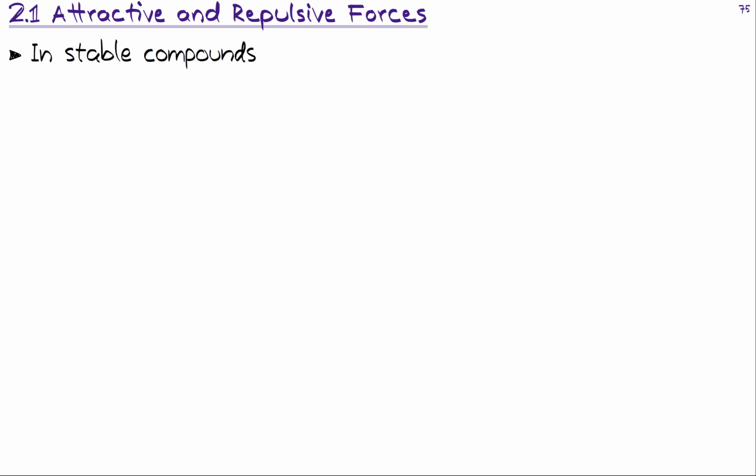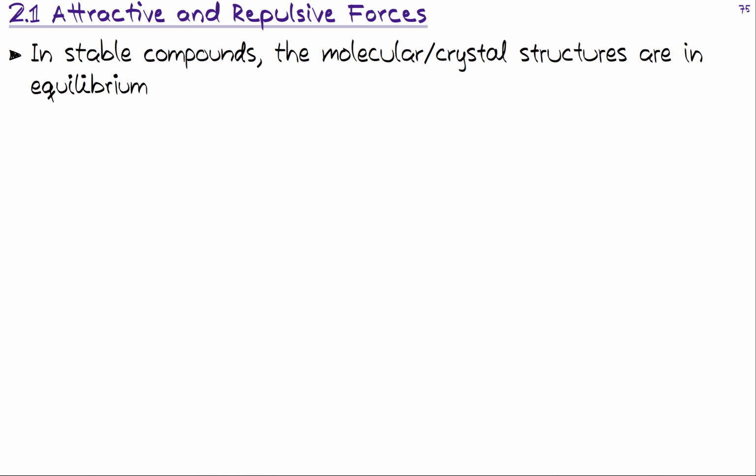We are looking at a piece of a crystalline solid that remains in a crystalline form, so it's stable. And this means that the molecular or crystalline structures that we are looking into are in equilibrium.